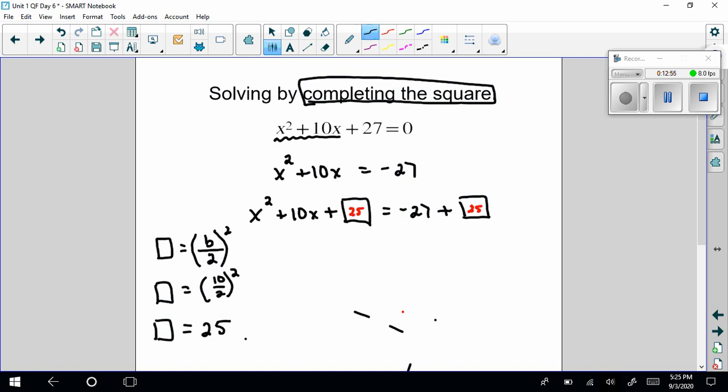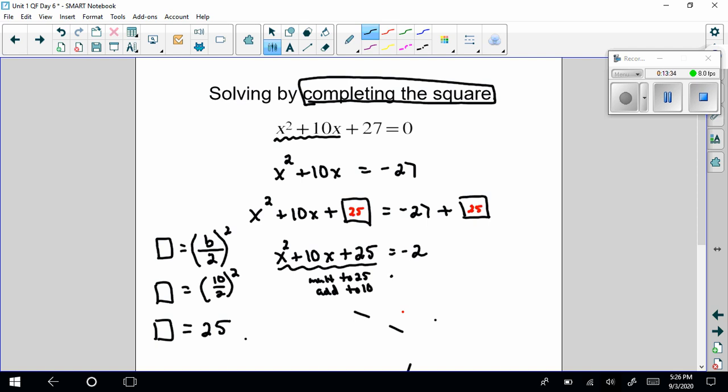So now I have x squared plus 10x plus 25 equals negative 2. So this is factorable now. So I need to multiply to 25 and add to 10.